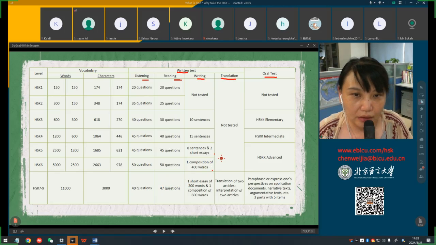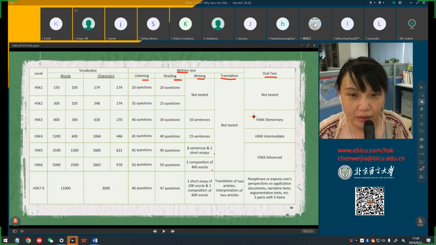And for the oral test part, for HSK 1 and 2, you don't need to do an oral test. You just do the written test, that is enough. And starting from HSK 3, you need to do an oral test. HSK 3, you need to do HSKK.